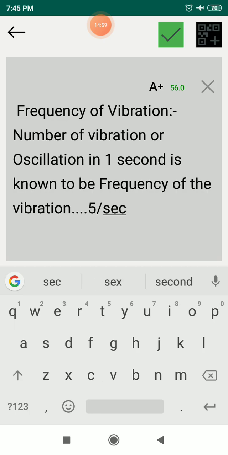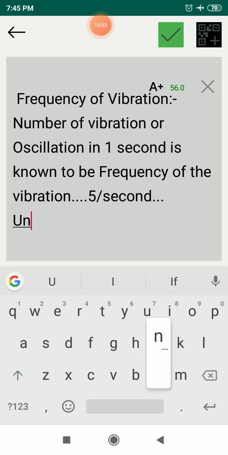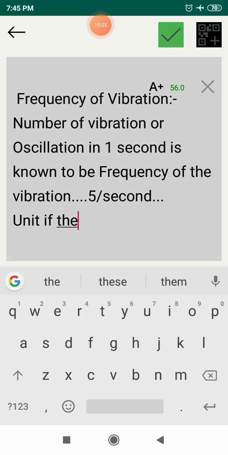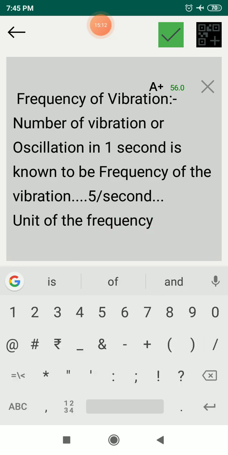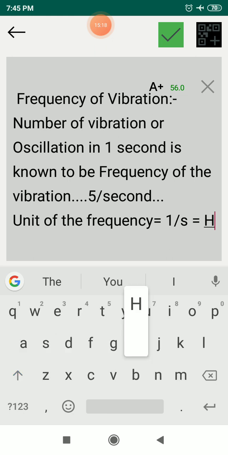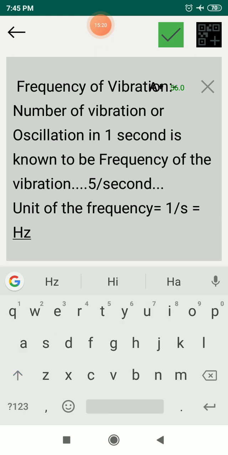That means the unit of frequency will be 1 by second, or we can say hertz. So the unit of the frequency will be 1 by second or hertz.